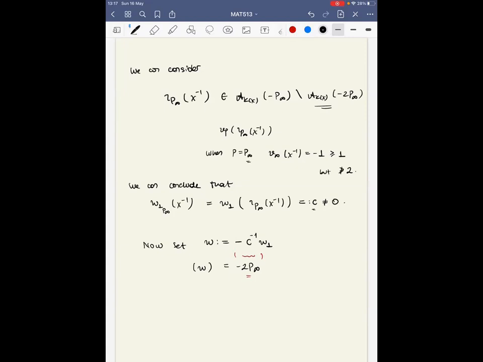And its local component at p infinity for the function x inverse, again by the linearity of the local components of the Weil differential, is going to be minus c inverse omega 1 of x inverse, and this is going to be minus 1 because we know that this is c.